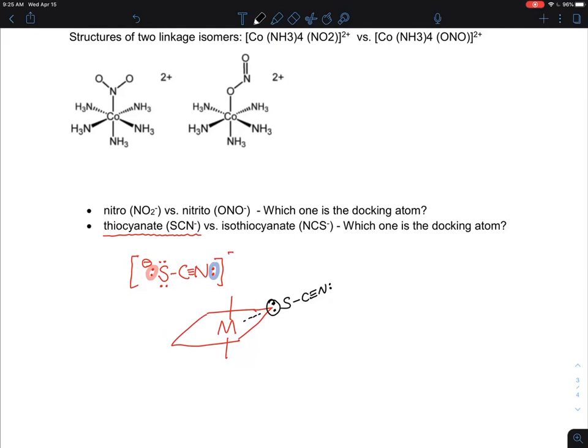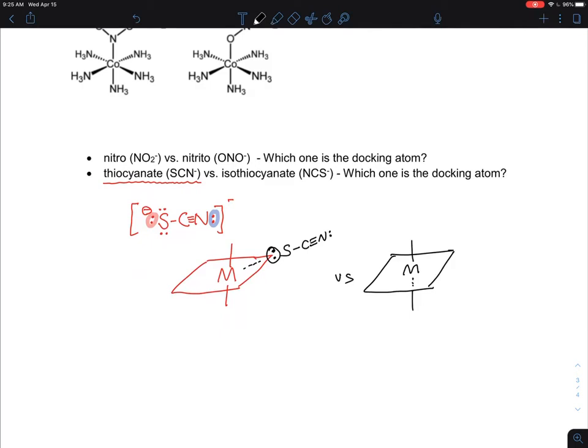Or the other one is, this is one of the unique things about inorganic chemistry. In this case, they provide the lone pair electrons, but now the nitrogen is coming in, then the carbon and sulfur. Okay, so these are the two cases.